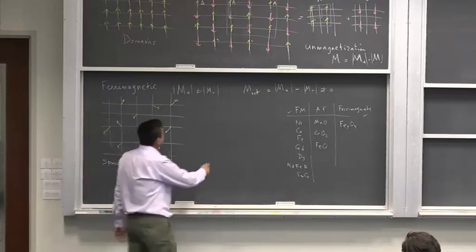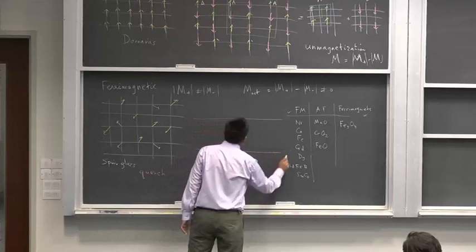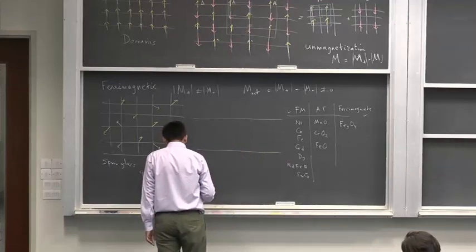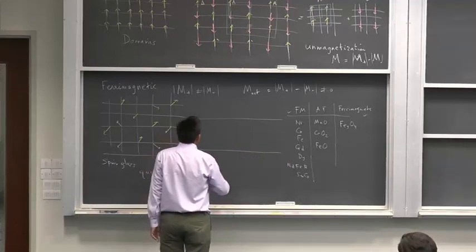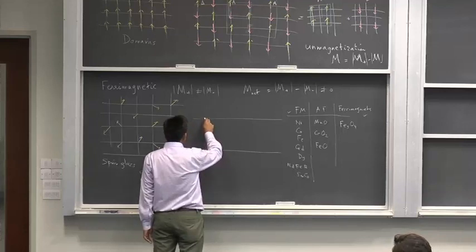Then you may have other kinds of ordering. For example, you may have what is called helical magnetism.